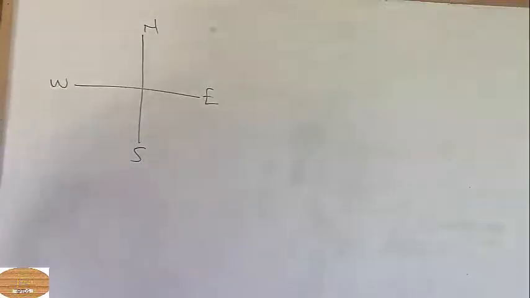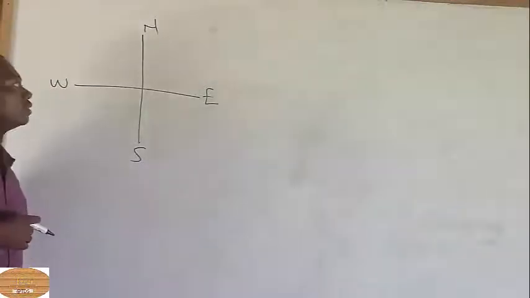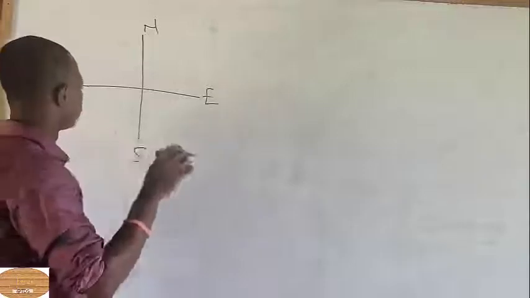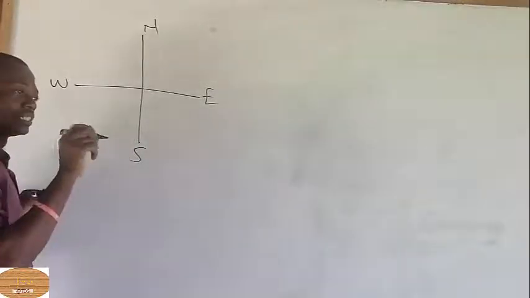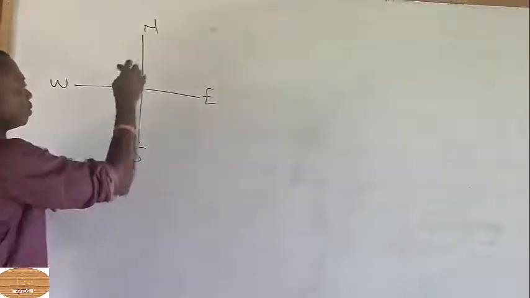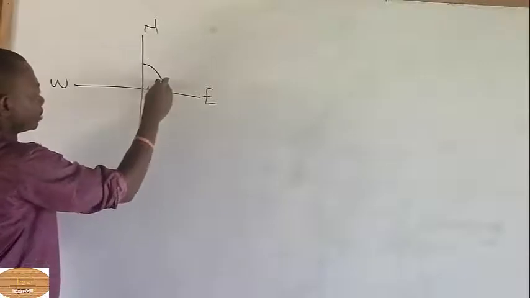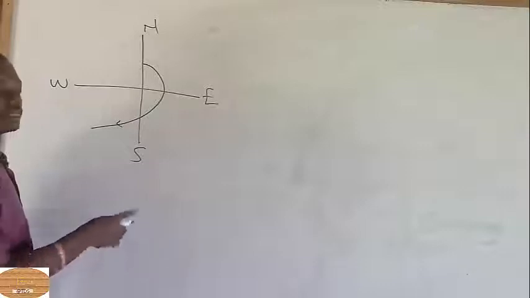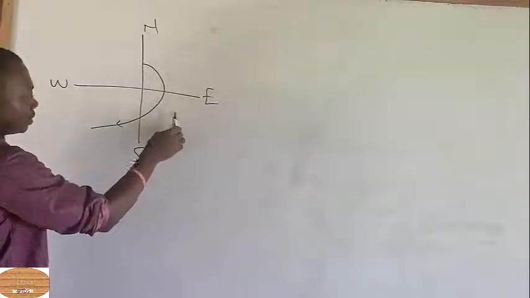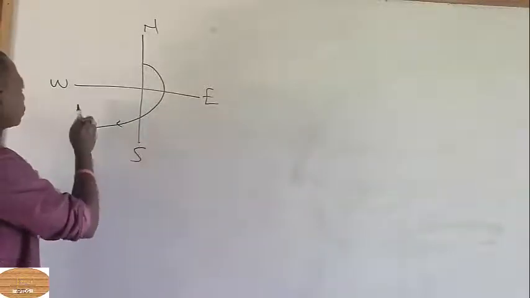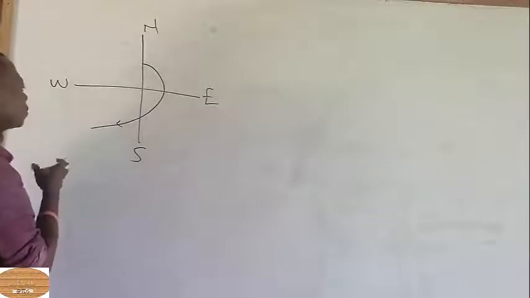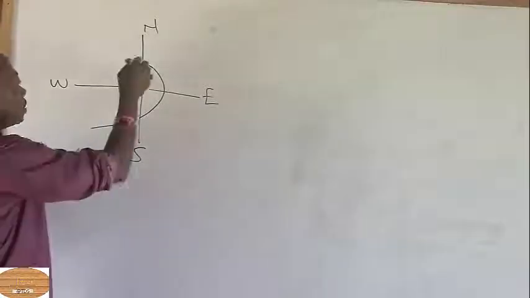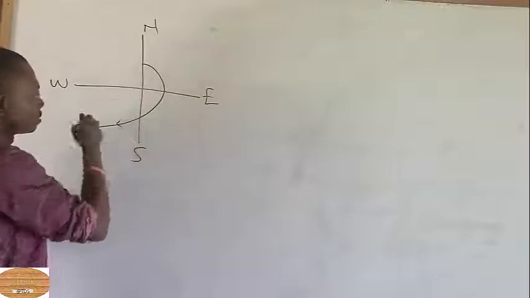The first thing you need to know is that we have to start from the north and rotate clockwise. You cannot start from the east, neither can you start from the south or west. We have to start from the north and rotate clockwise.